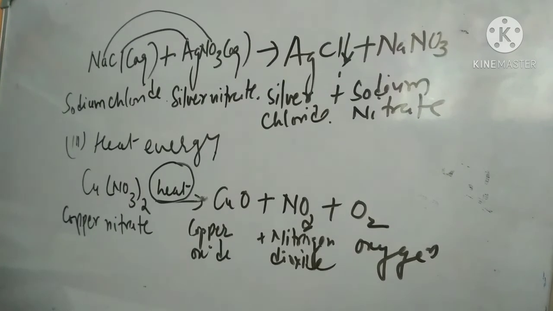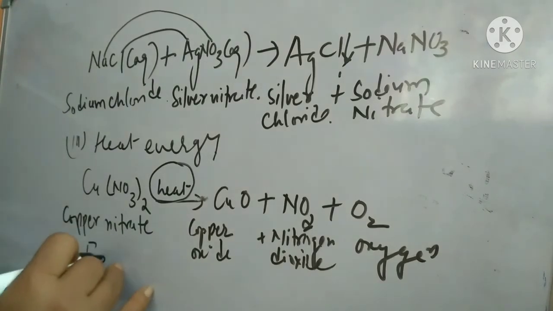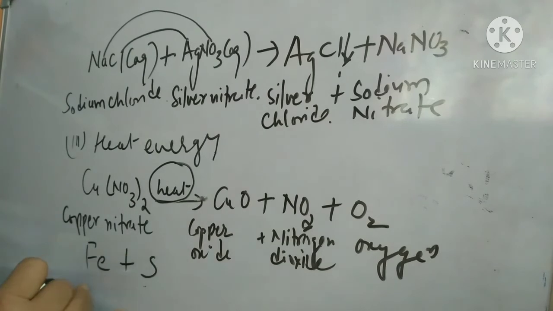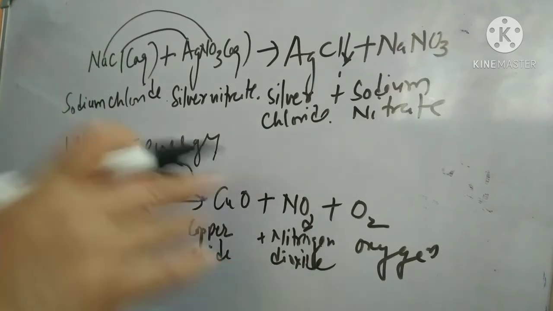So again we will take more examples, that is powder of iron and sulfur, both in the powdered form. When we react them both in the powder form, iron and the sulfur, they will not react to give any product.